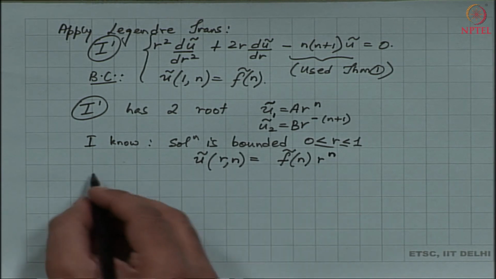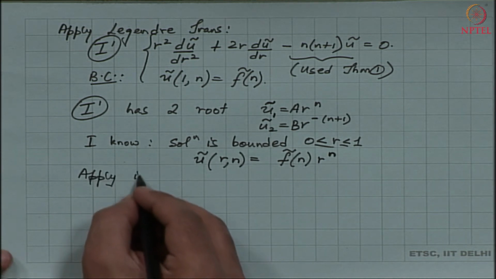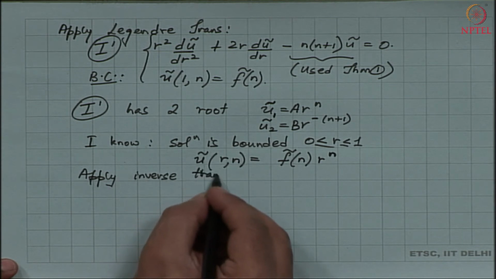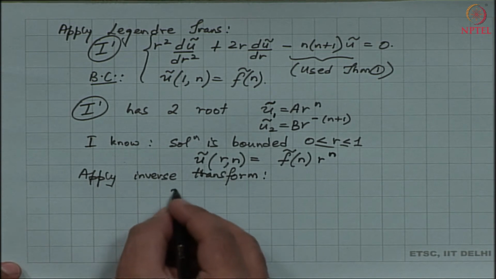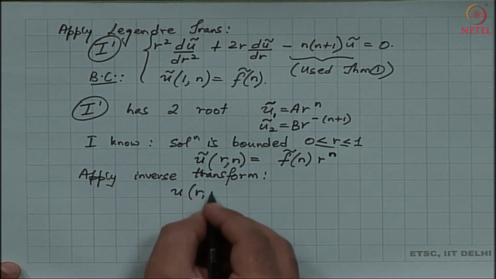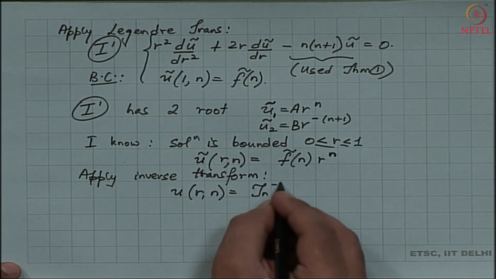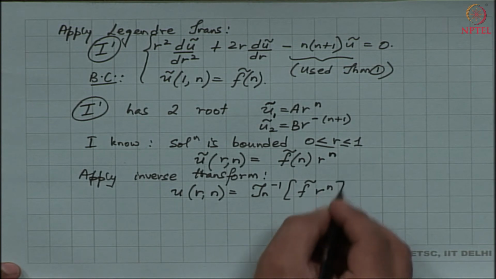Then of course, the next step is to apply the inverse transform. Applying the inverse transform, I get the following result: u(r, x) is the Legendre inverse transform of f̃ times r to the power n.